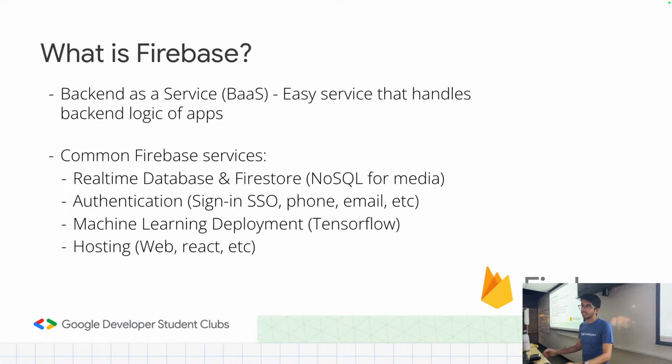Well, Firebase is really old and it's really popular service for spinning up apps really quickly. So all you're doing is you're maintaining the client side of things, and you're not writing any server-side code for the most part, for most applications.